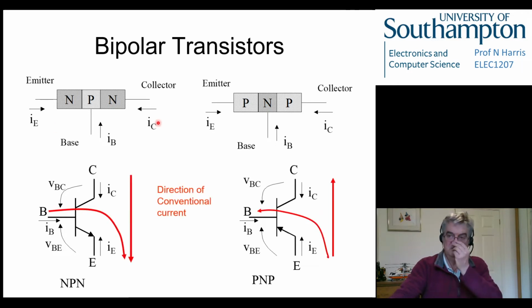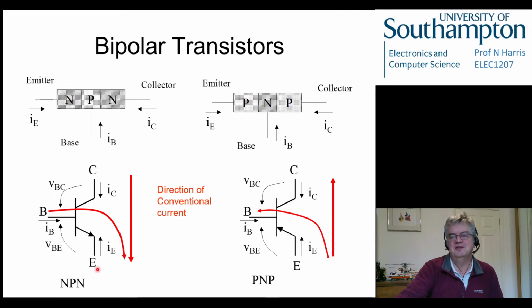So how do these things work? Physical current flows through these things in this type of direction. So you end up with a big current, or largish current, flowing from the collector to the emitter in an NPN transistor. So it's just flowing straight through here and out. And in addition, we have a smaller current coming into the base, which joins up with this current and also flows to the emitter.